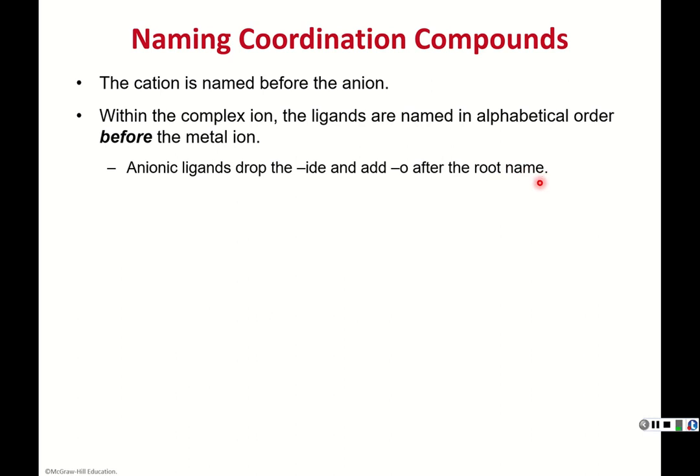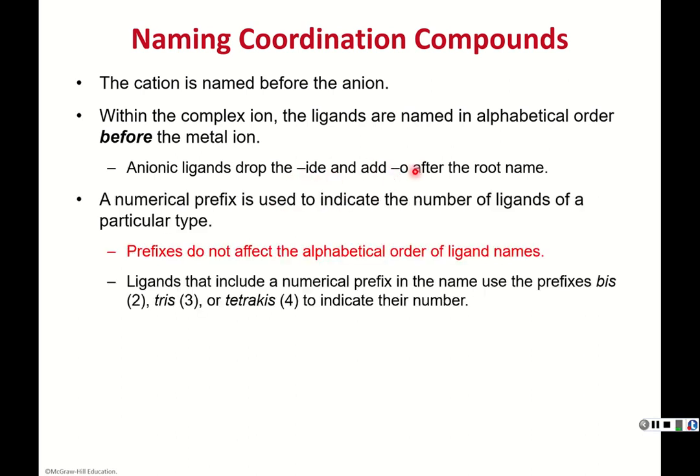Anionic ligands drop the "ide" and add "o" after their root name. So this is where it gets a little bit more complex. Usually, like Cl we call chloride, but when we're naming these coordination compounds, instead of chloride, it becomes chloro. We'll see some examples of these, so don't feel too anxious yet.